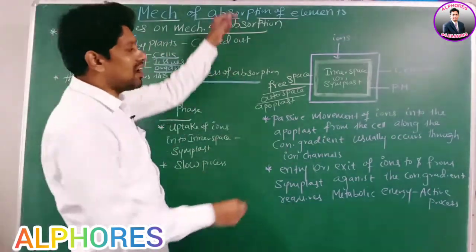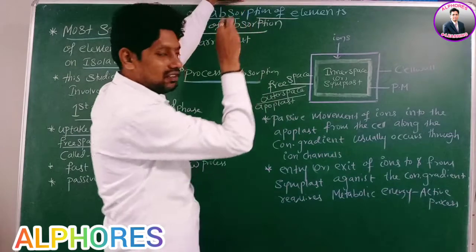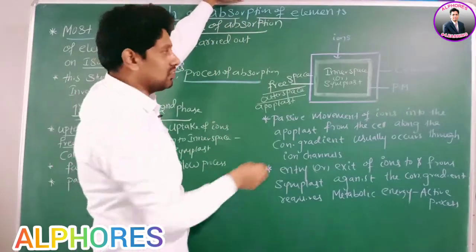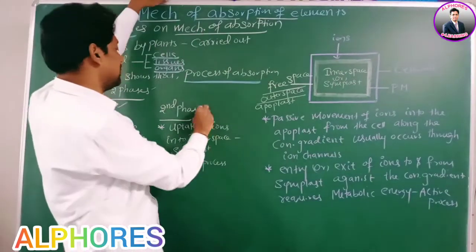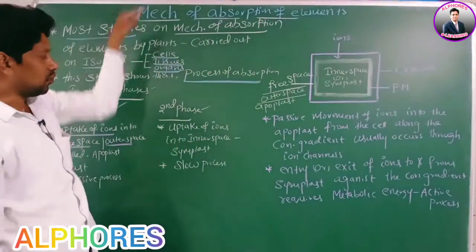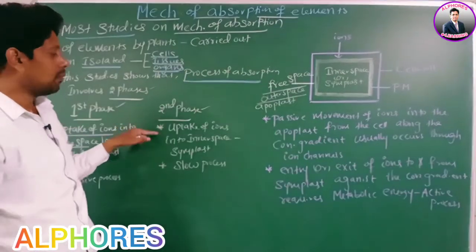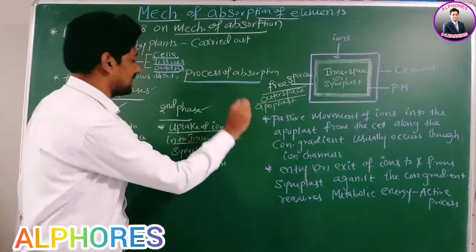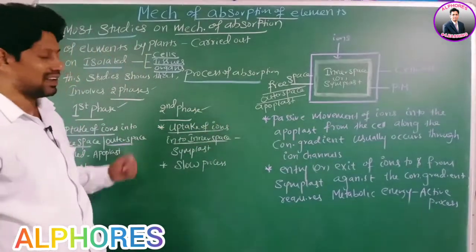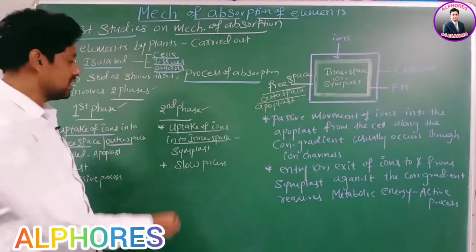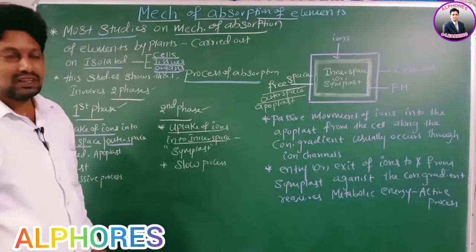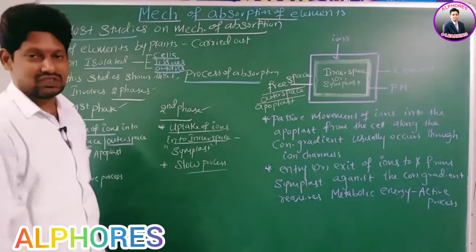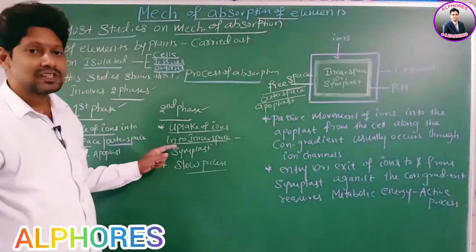Once ions enter this free space, they enter the inner space in the second phase. What happens in the second phase? Uptake of ions into the inner space, the symplast. It is a slow process.